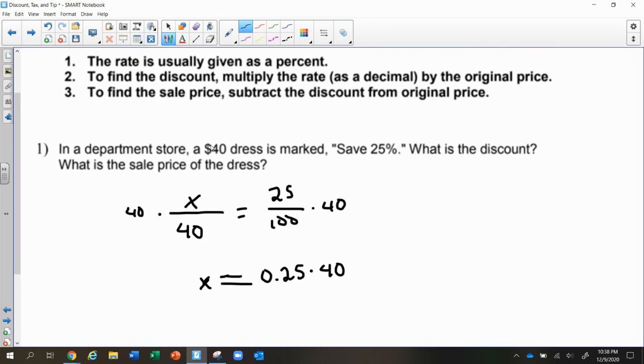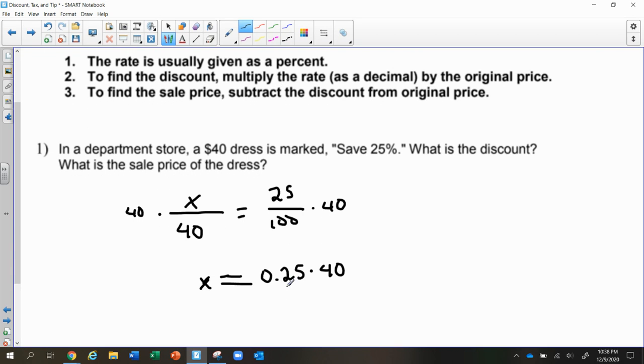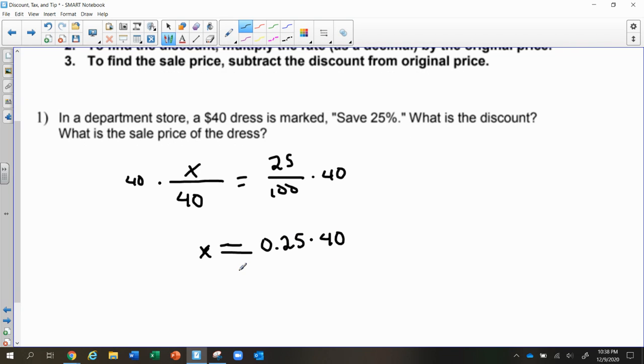That gets us exactly to what this said: multiply the rate as a decimal by the original price, 40. So we can do that, but I'm always looking to set up this percent proportion to see which piece I'm missing and how to solve that.